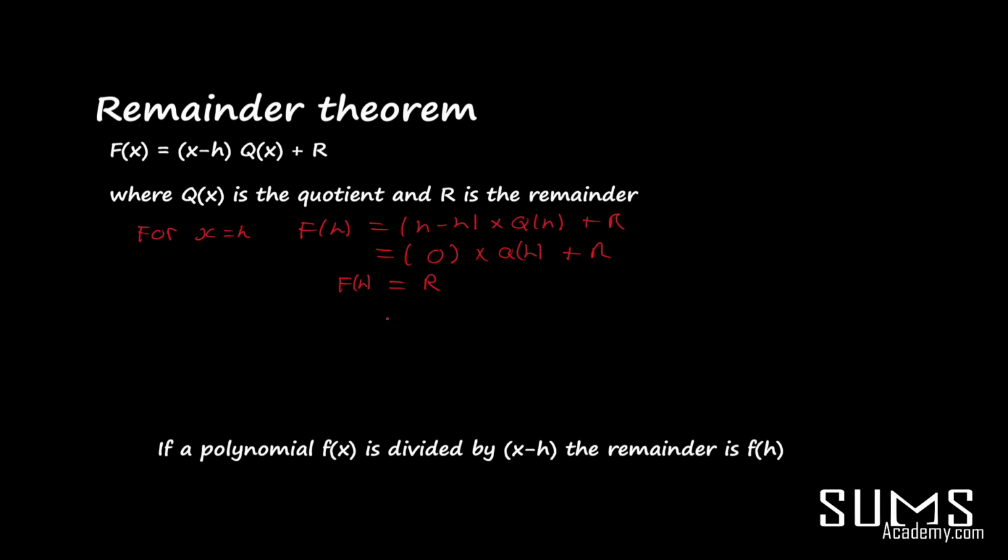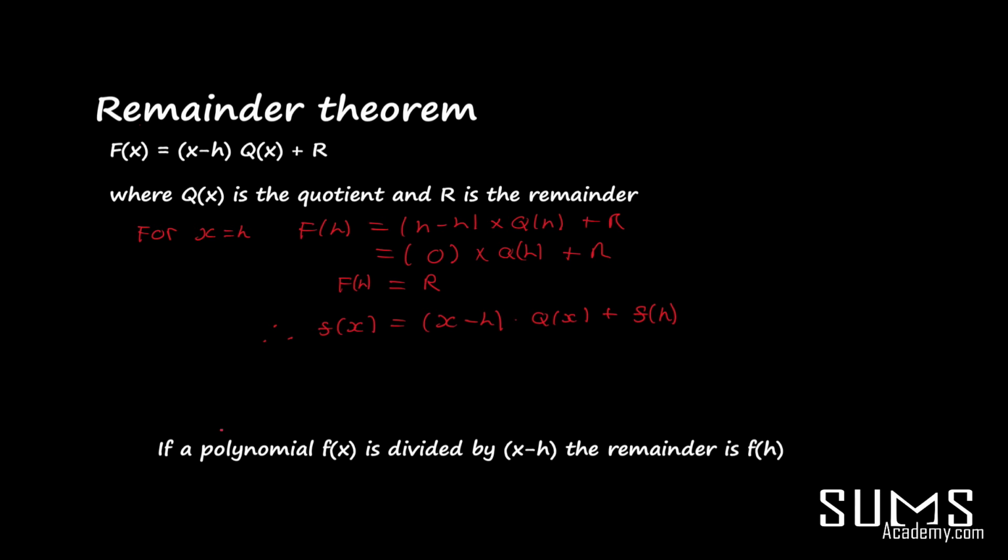Okay, so then we have this case here. We say f of x is equal to x minus h times q of x plus, well, we have f of h, because we proved that f of h is equal to the remainder.